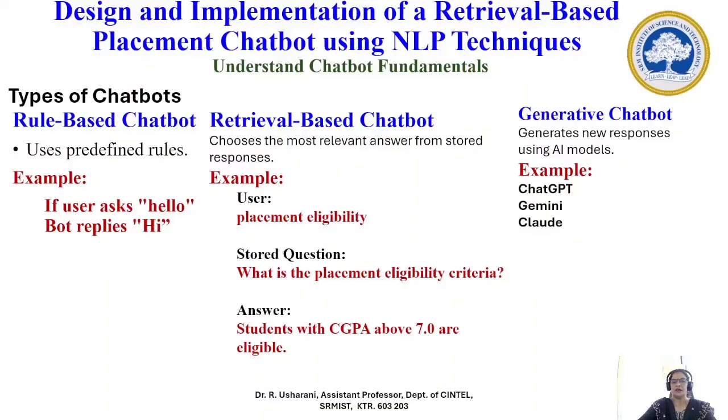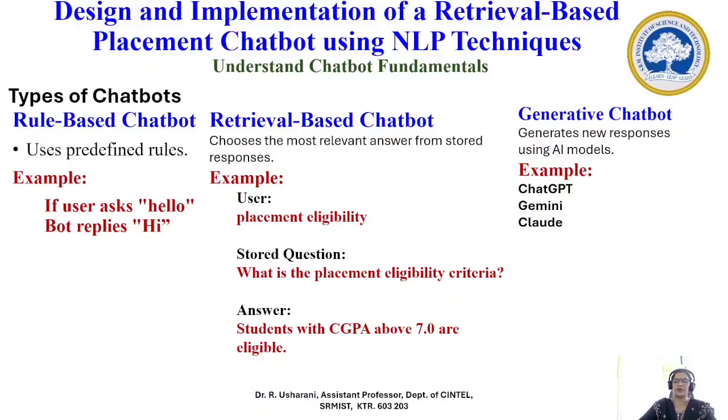On the other hand, in contrast, the retrieval-based chatbot cannot generate new responses, but it chooses the most relevant answer from the stored questions and answers in the database. For example, if the user asks a query, placement eligibility, the database contains several questions.